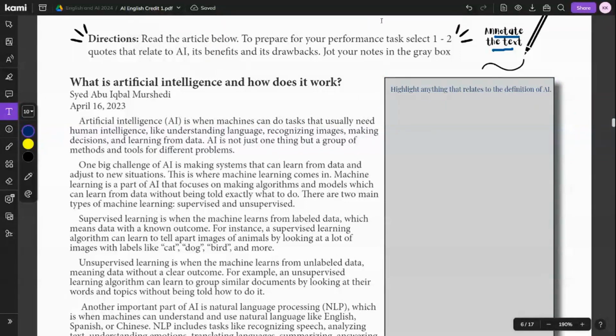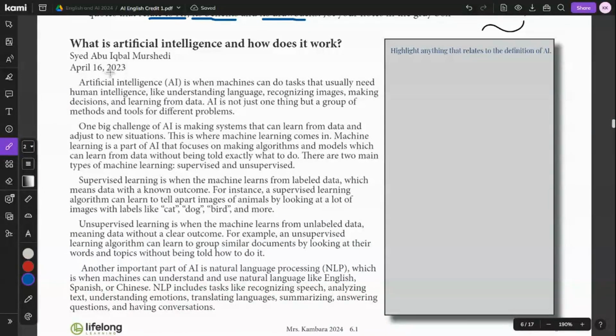So we're going to read the article, and to prepare for our performance task, we're going to select 1 or 2 quotes that relate to AI, any of its benefits, and any of its drawbacks. And we're going to take some notes. What is artificial intelligence and how does it work?